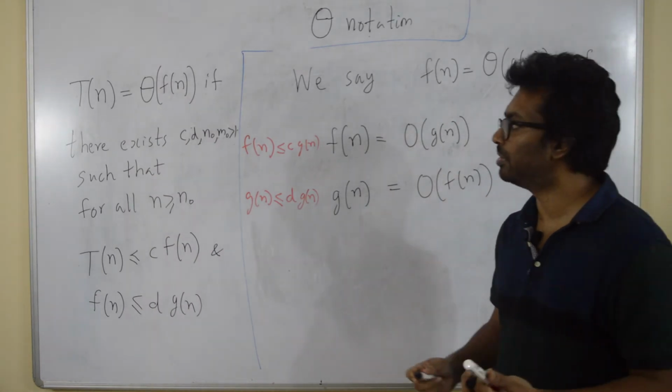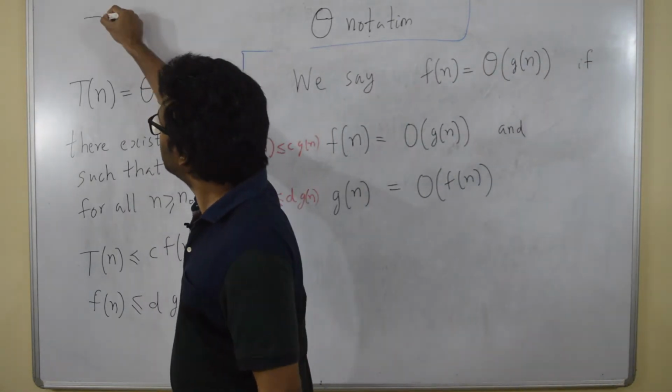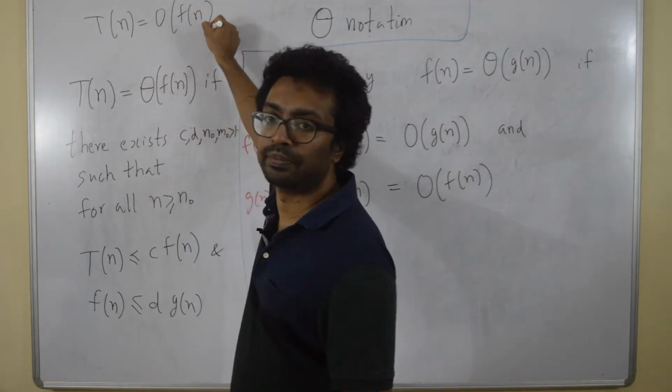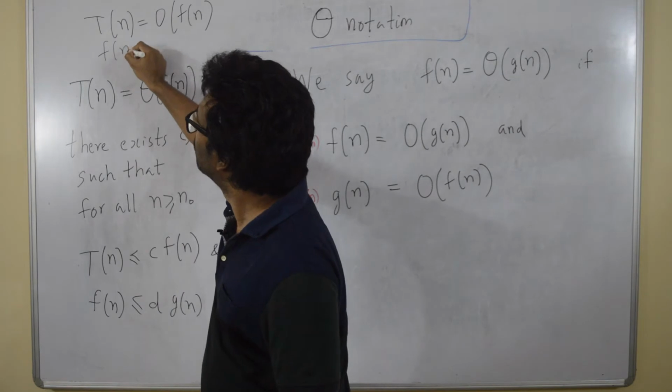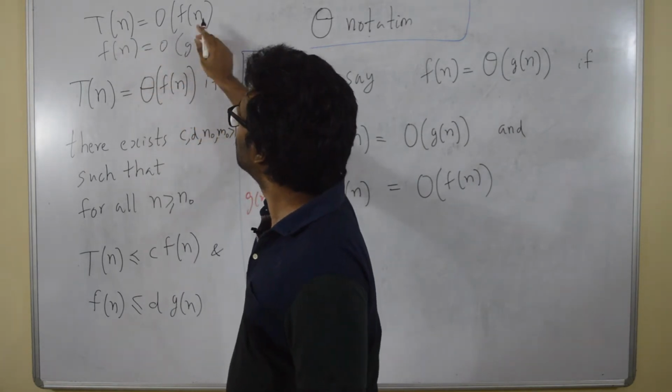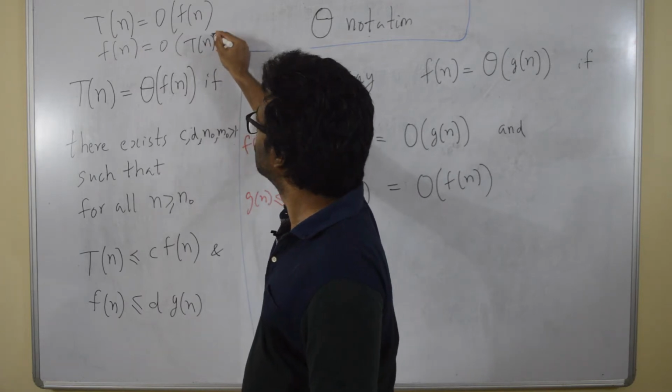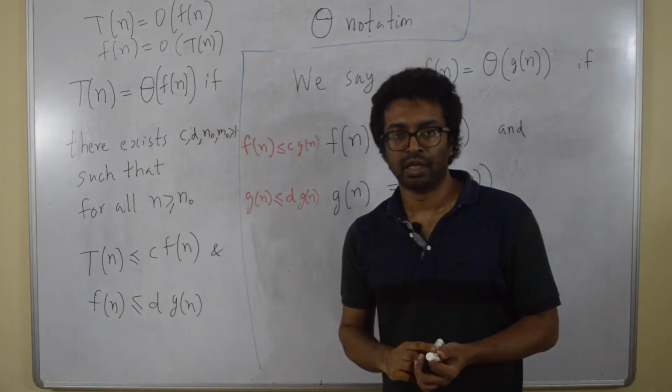In other words, t of n is equal to O of f of n, and f of n is equal to O of t of n.